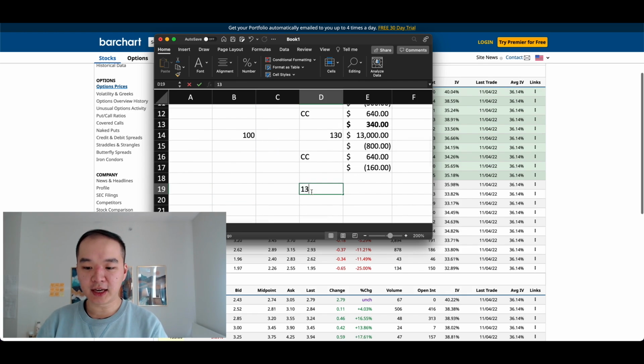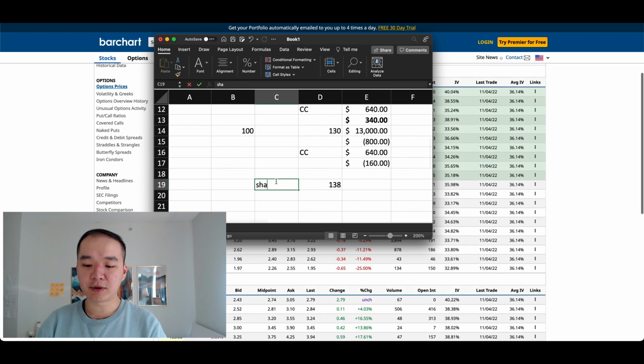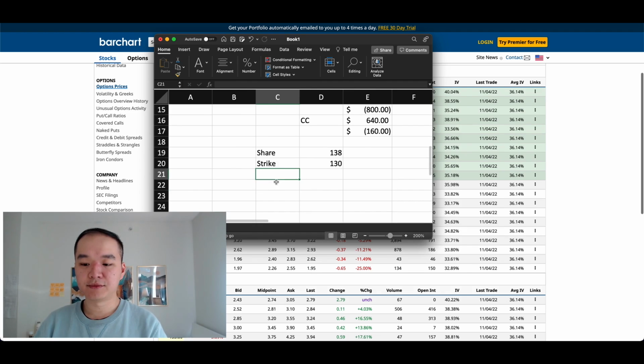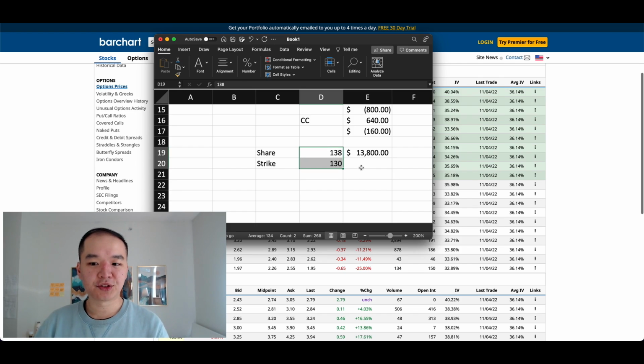So 138 is the current share price, and your strike is 130. So meaning that your shares cost $13,800, but then your strike is lower. So then when you sell this call and it gets exercised, you'll automatically be losing $8. So then you need to get compensated on that based on the call price itself.